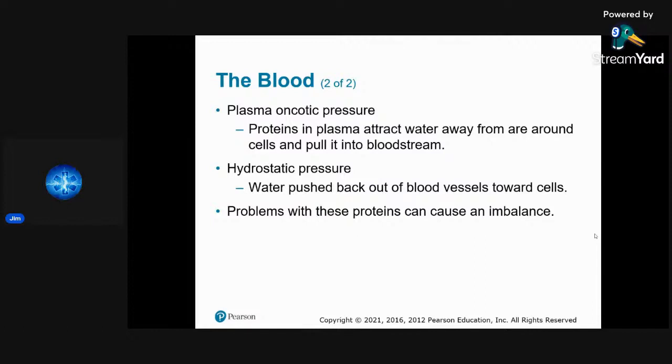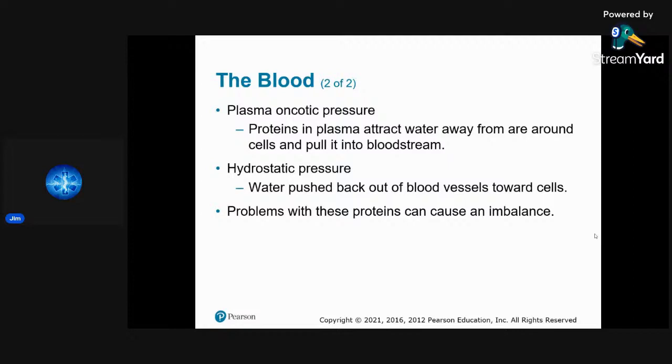Plasma oncotic pressure. This is the protein of the plasma. It attracts water out of the cells and pulls it into the bloodstream. That's how we keep that water balance, through proteins in our plasma.